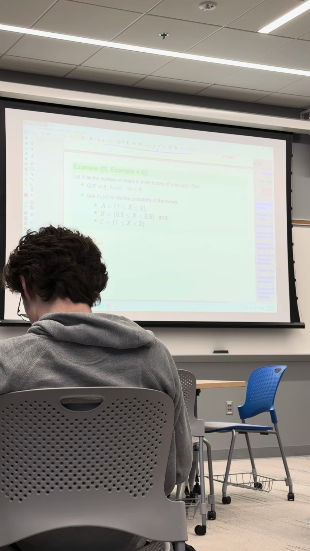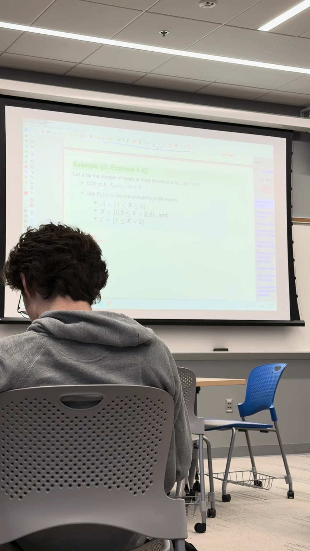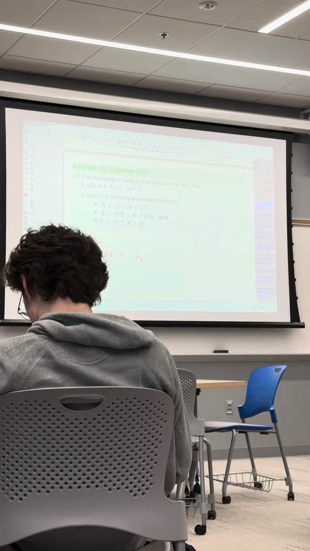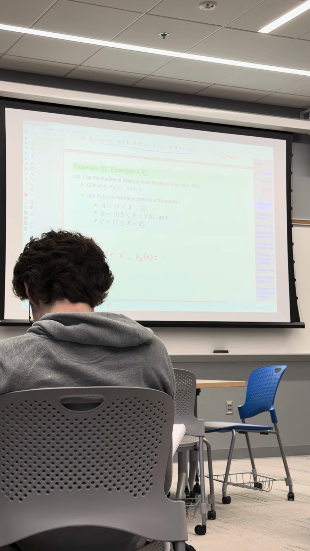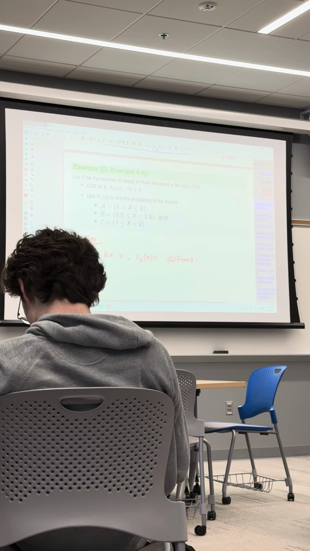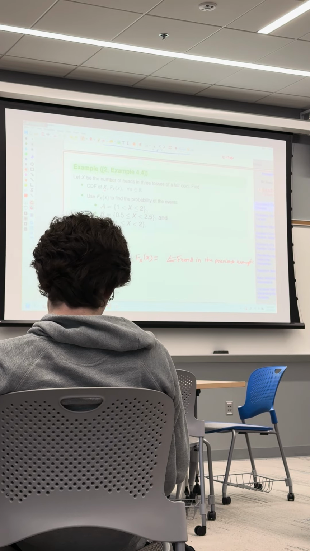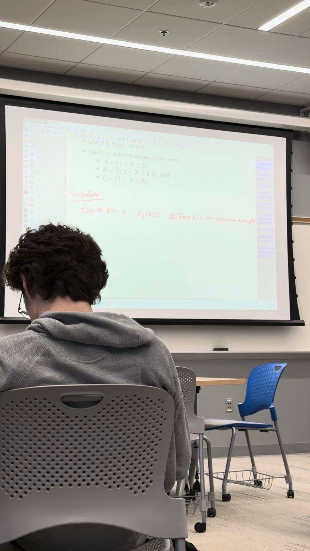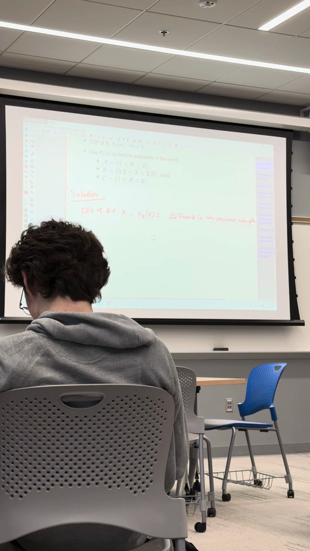So, solution. The CDF of random variable X, which is F sub X, was found in the previous example, and we can just write it one more time for convenience.